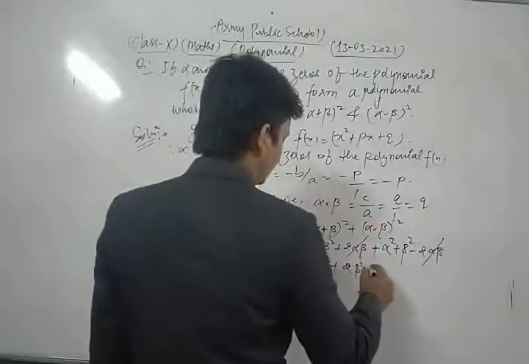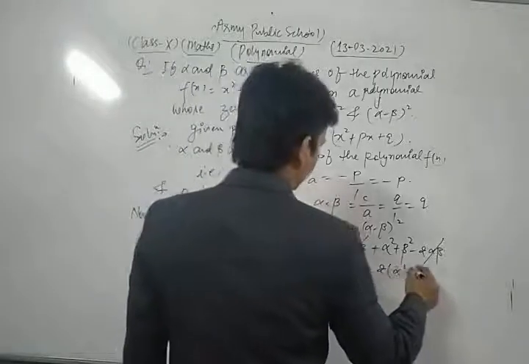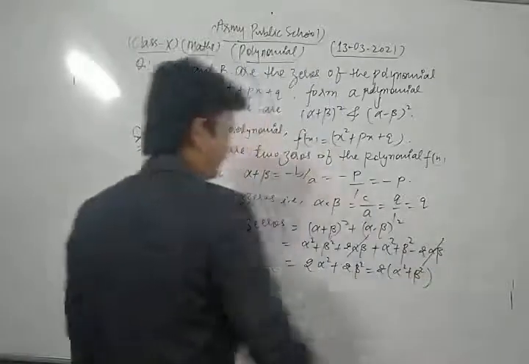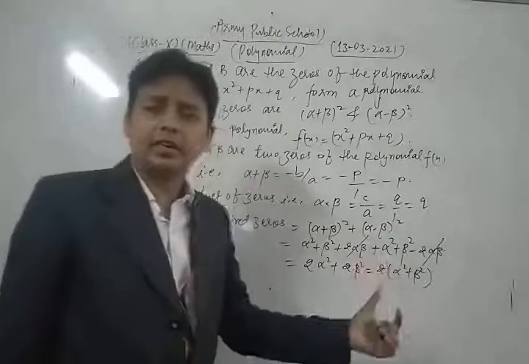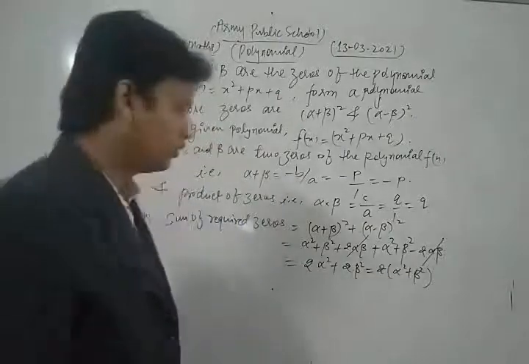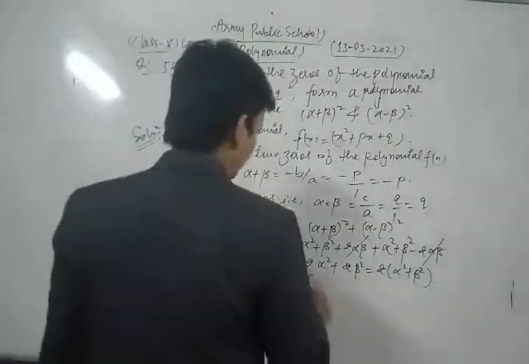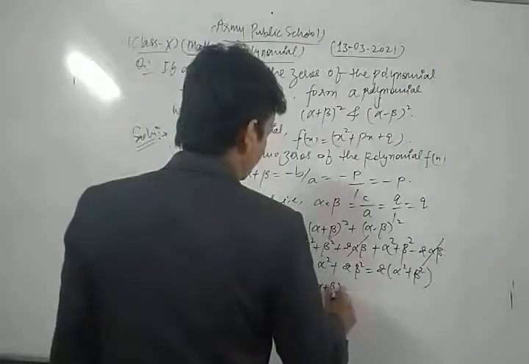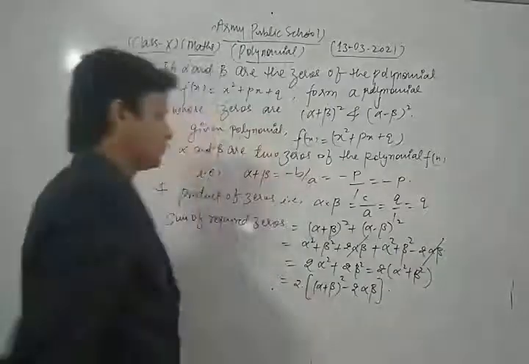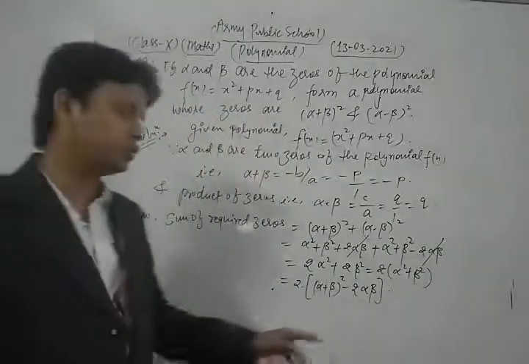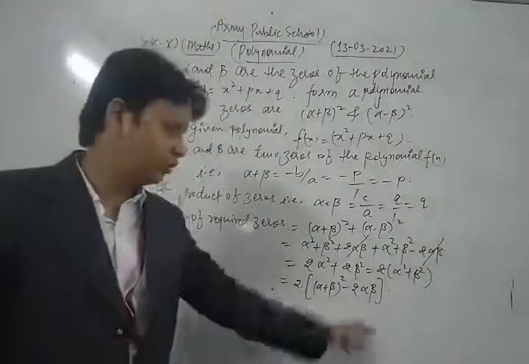We take 2 as common, so we get 2 into alpha square plus beta square. We can also write alpha square plus beta square as alpha plus beta whole square minus 2 alpha beta, so 2 into alpha plus beta whole square minus 2 alpha beta.